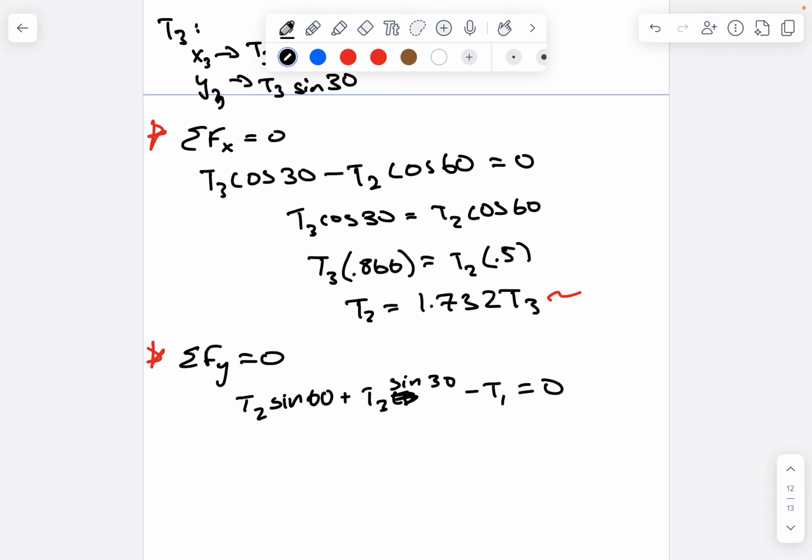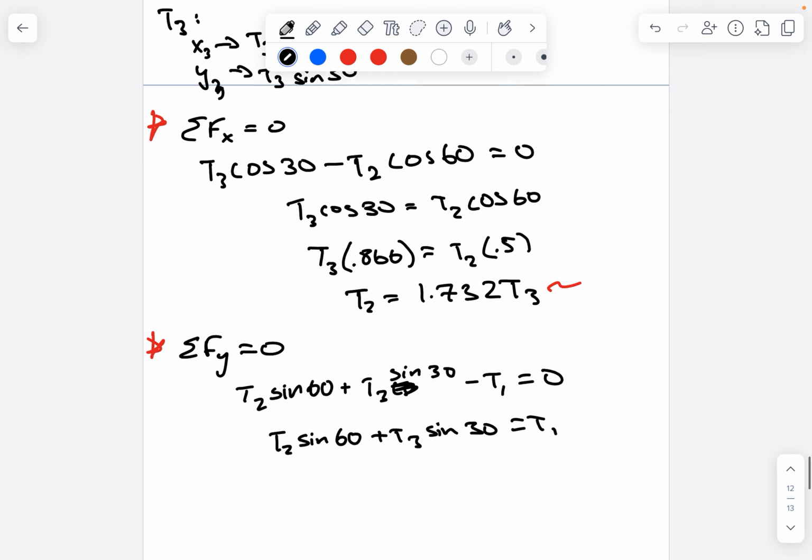So let's rewrite this a little bit. We'll have T2 sine 60 plus T3 sine 30 is equal to T1. Let's go ahead and plug in our known values.